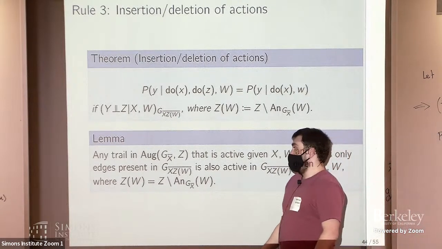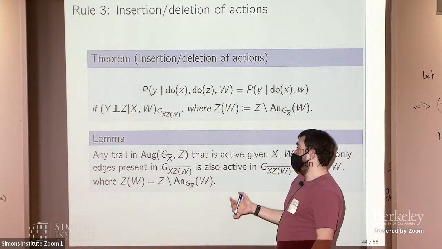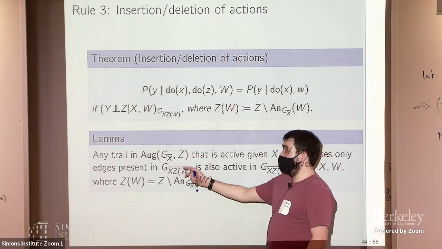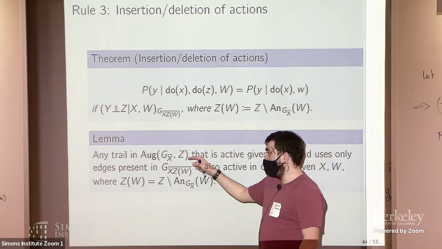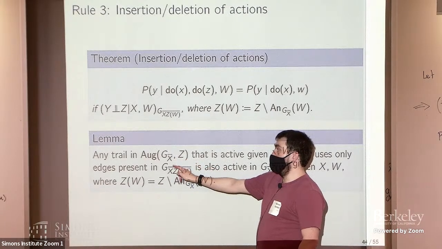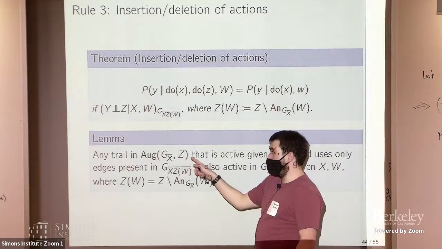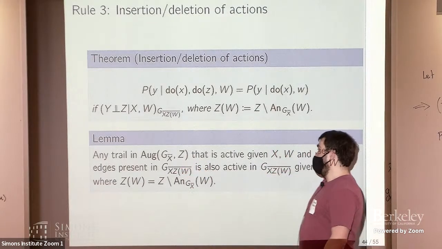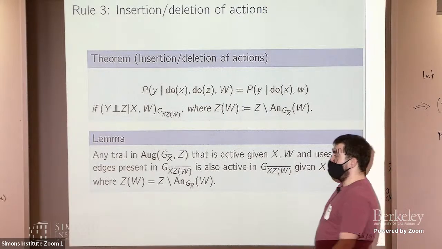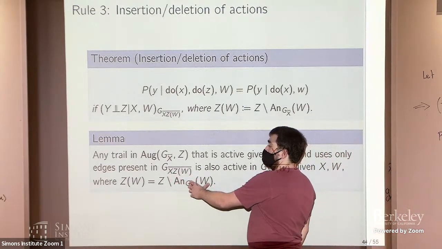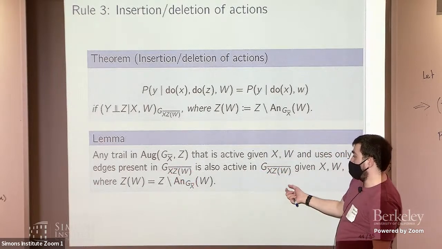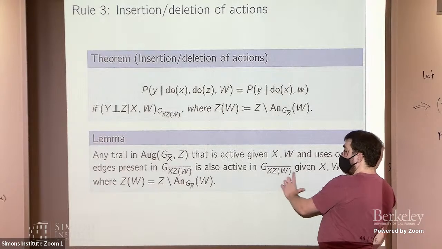So it says that if I have a trail that's active in the augmented graph post-intervention on X, but where I've done augmentations with Z, and this trail only uses edges from this graph, then it's also active in this graph.